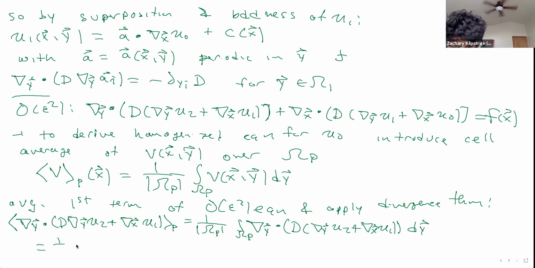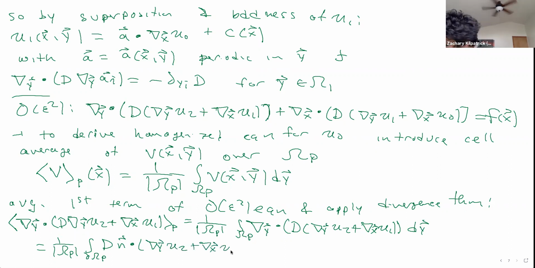We end up with 1 over the volume of Omega_P, integrating over the boundary now, of the normal dotted with d times the gradient with respect to y of u2 plus the gradient x of u1, dS.